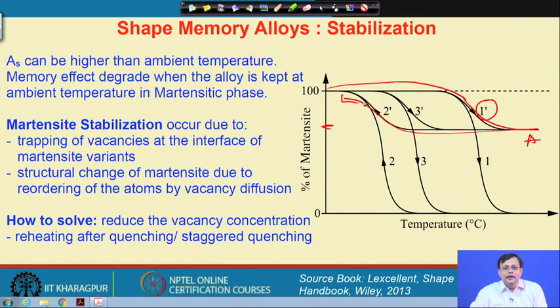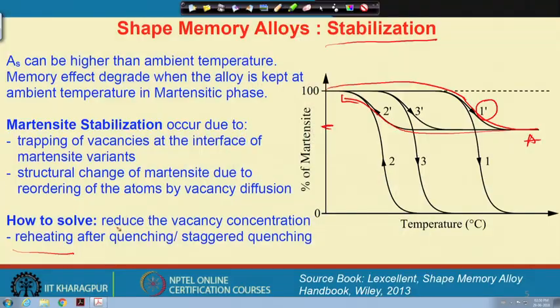So I will never get the highest recovery possible in a particular system due to this stabilization phenomenon, and this is enhanced due to the trapping of vacancies at the interface, or it helps in reordering in the martensite phase.